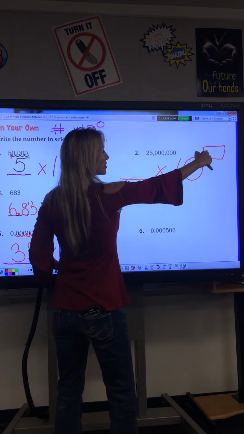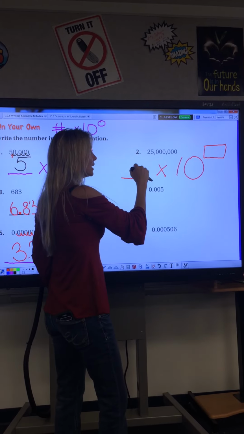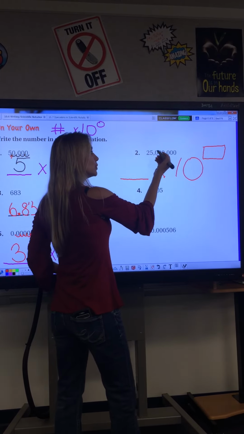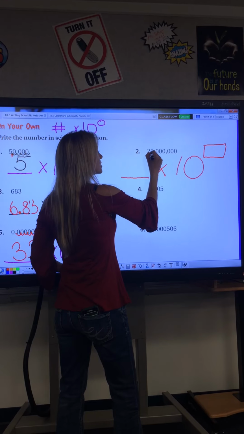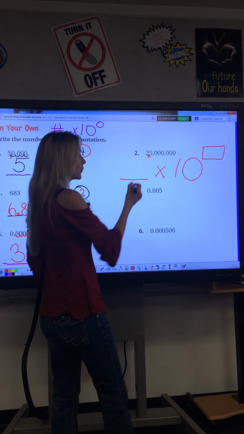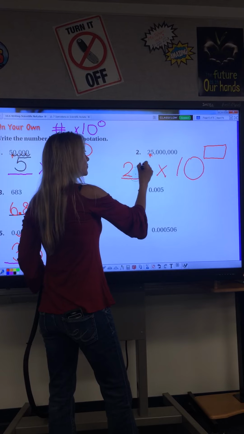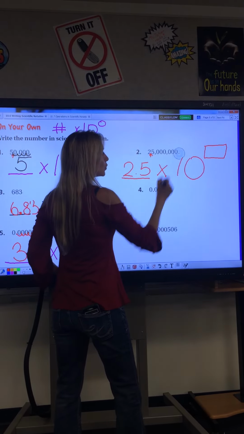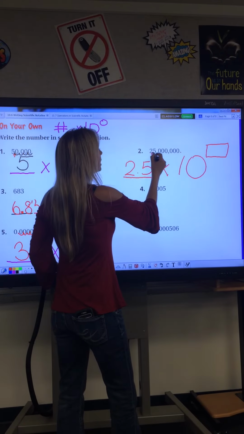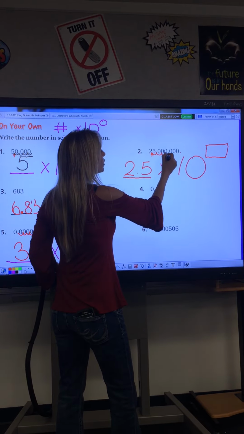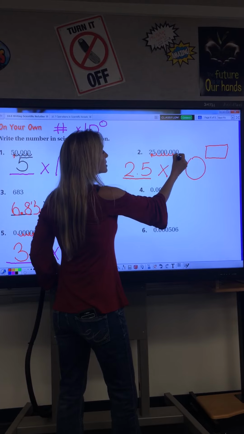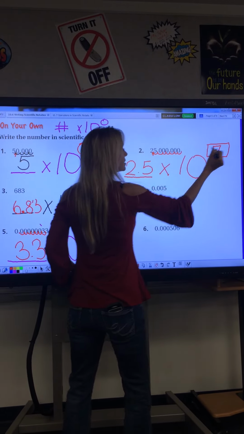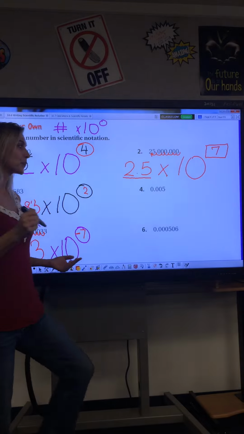So I know my exponent will be positive. Now, how many places am I going to be moving my decimal point? Well, the decimal point will be after the 2, so it will be 2.5. And how many places did we move it? 1, 2, 3, 4, 5, 6, 7. In this case, that 7 is positive.